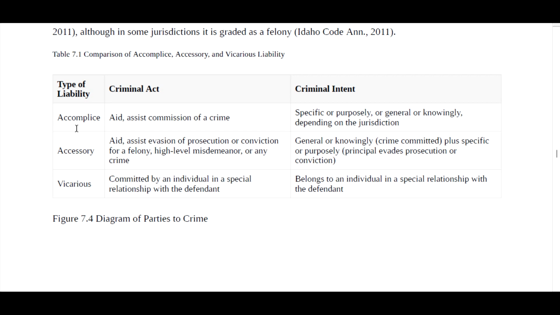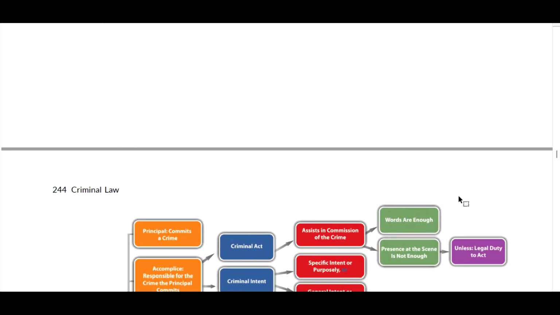An accessory aids or assists the evasion of prosecution or conviction, for high-level misdemeanors or other crimes, and generally is knowing plus specific or purposely intended to do that, whereas vicarious liability is committed by an individual in a special relationship, and it belongs to an individual in a special relationship with the defendant.